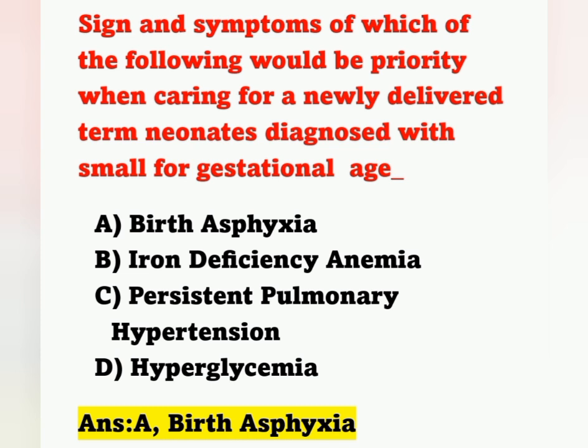So in this baby, while doing assessment, we can find that baby having birth asphyxia or fetal distress and decreased or elevated body temperature, hypoglycemia and signs of infection and signs of aspiration of meconium. So we have to focus on the basis of signs and symptoms which the baby has. Here option A, birth asphyxia is the priority care for a baby with small for gestational age.